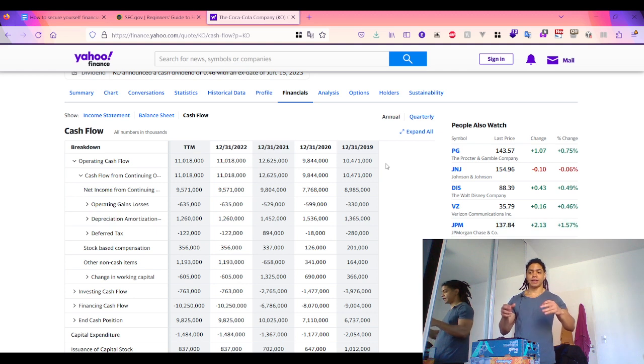Also, I look at deferred revenue, which is an obligation that a company has to provide in the future for goods and services based on money that has been collected. For example, subscription services, okay, Netflix, Spotify.